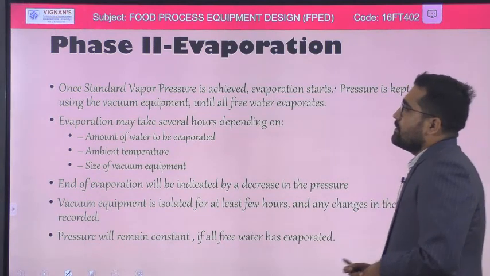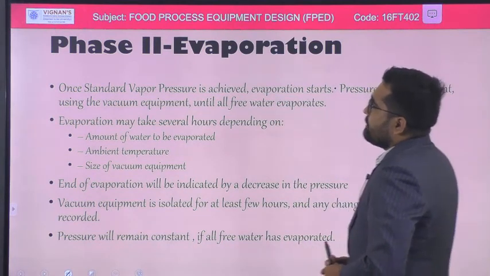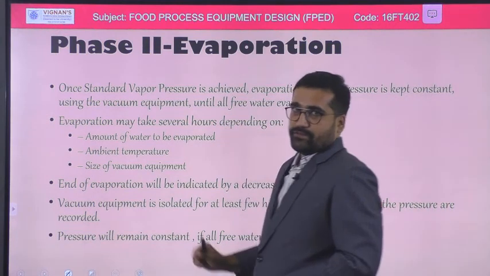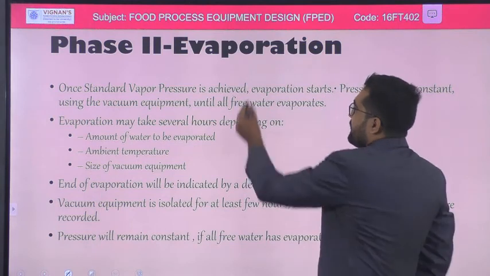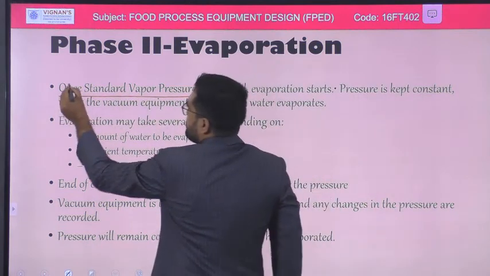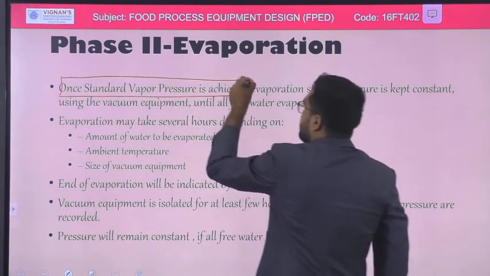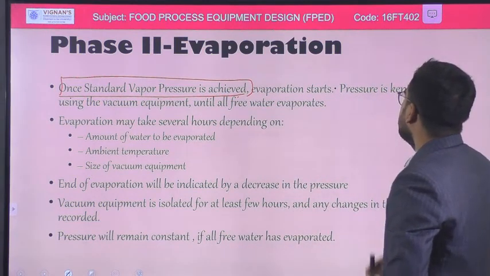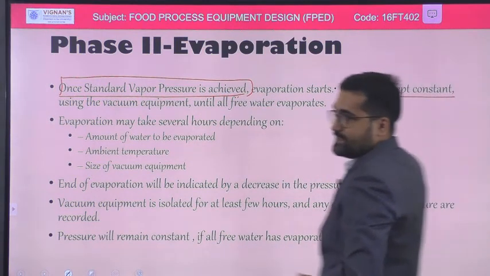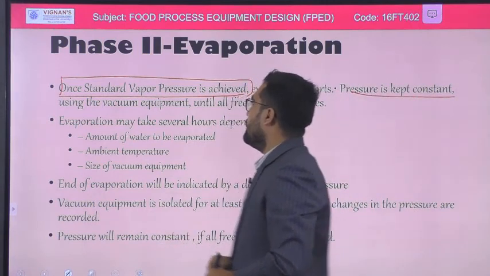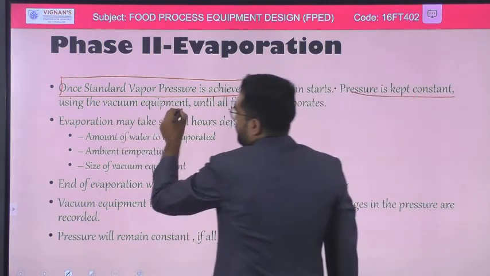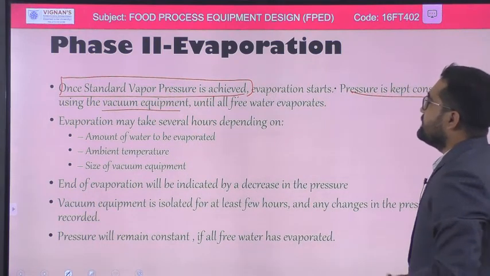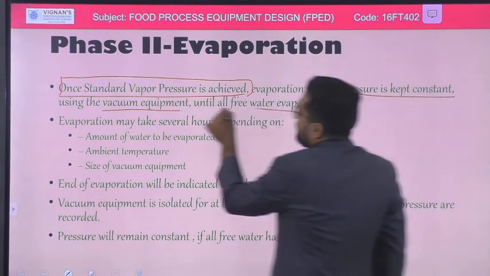In the second phase, evaporation, once the standard vapor pressure is achieved after evacuation inside the chamber, evaporation starts. We keep the pressure constant, using vacuum equipment, until the free water evaporates.